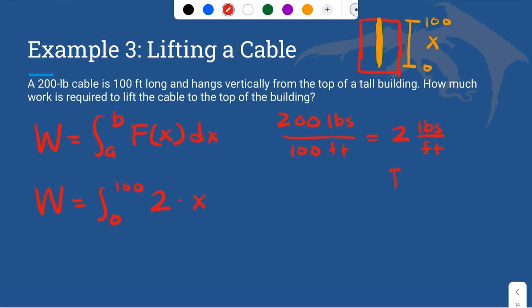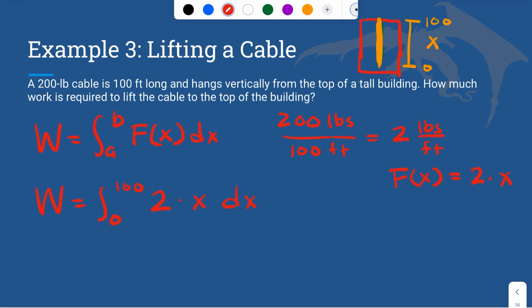So our function is 2 times x, 2 pounds per foot, because it's distributed evenly throughout the cable, the weight, times our distance at any given time, which we'll refer to as x. So it's pretty easy.